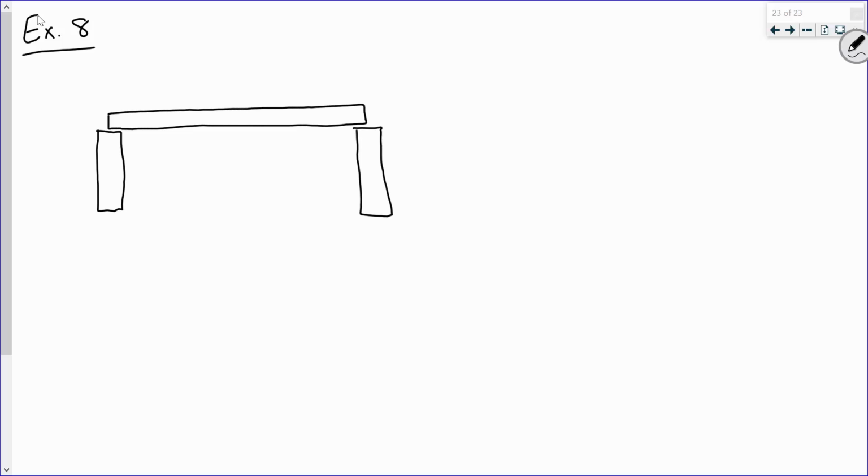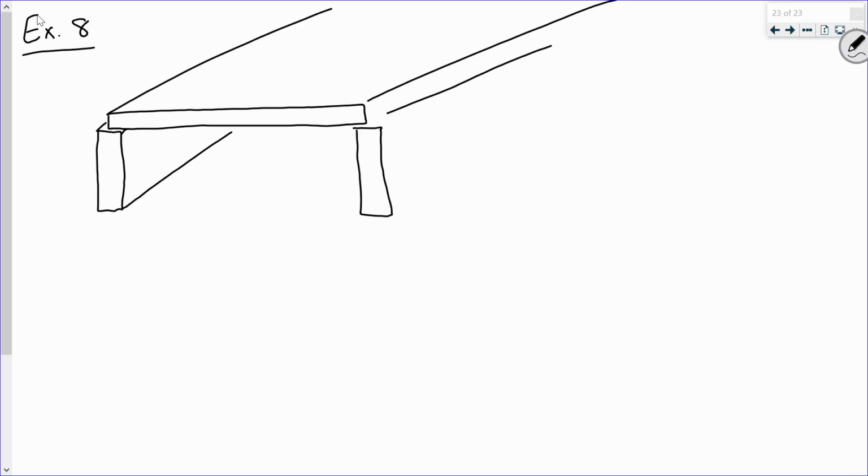We've got something about like that. Okay, so we've got a floor slab sitting on two beams.